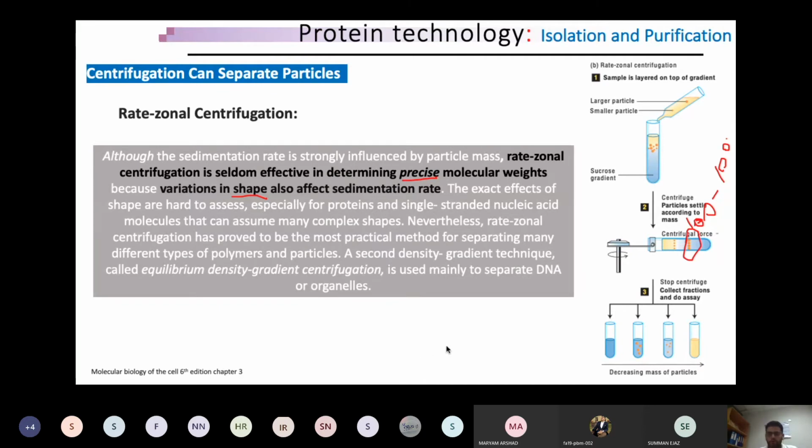But in rate zonal you will get multiple discs, and of course you could have a much better approximation of your protein of interest. For example, if you are working with a protein which you believe is of the size of, let's suppose, 700 kilodalton or 100 kilodalton, you could go for a particular zone where that protein is present.